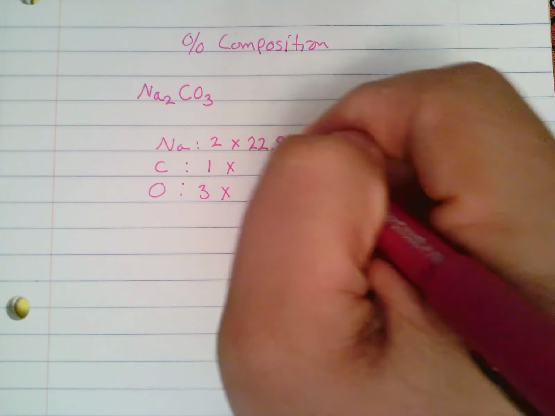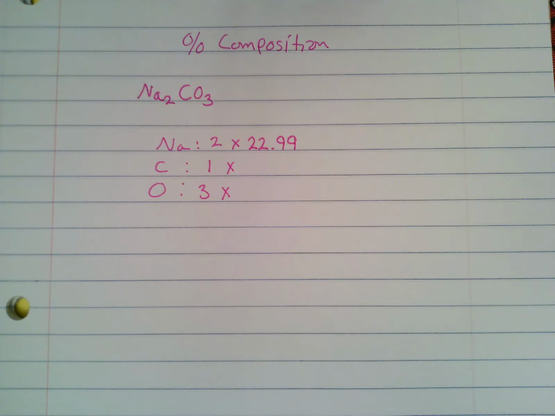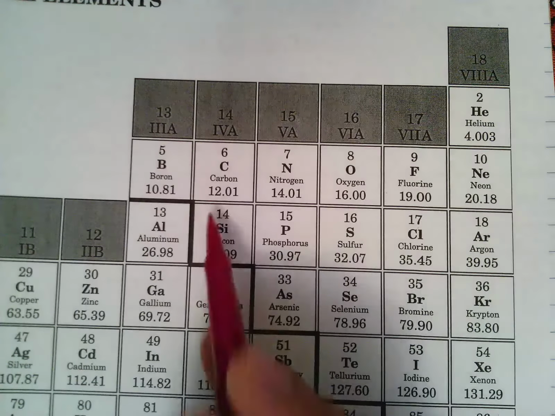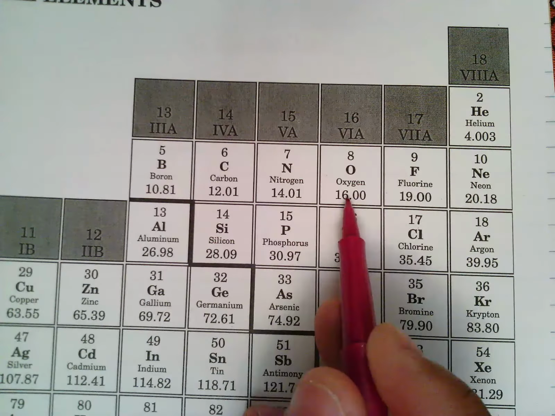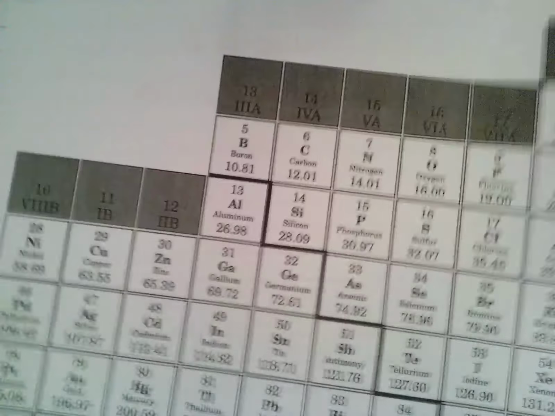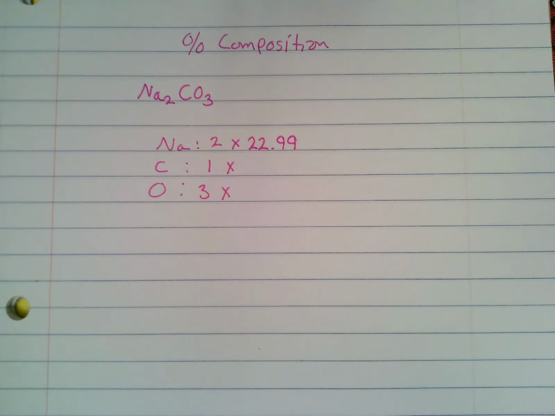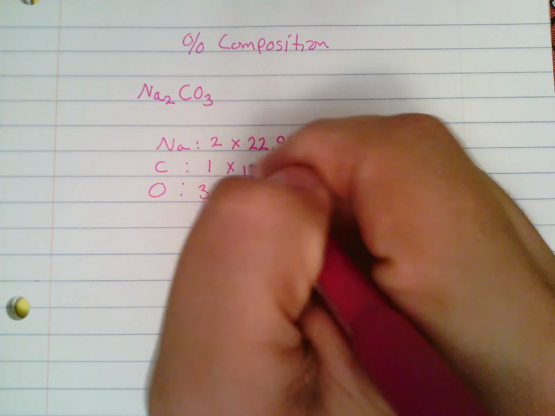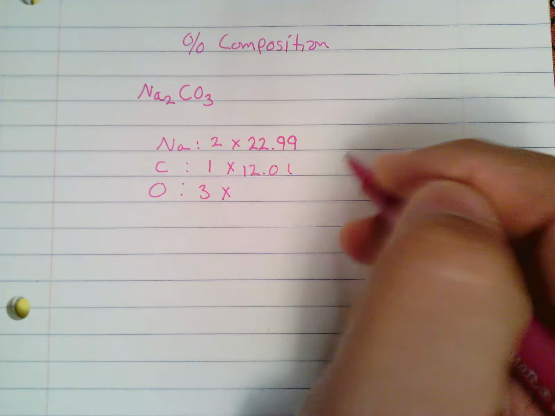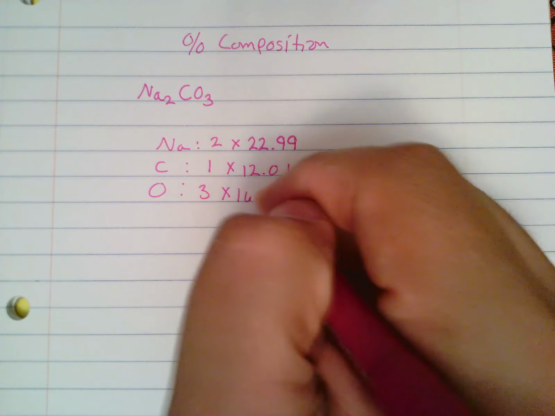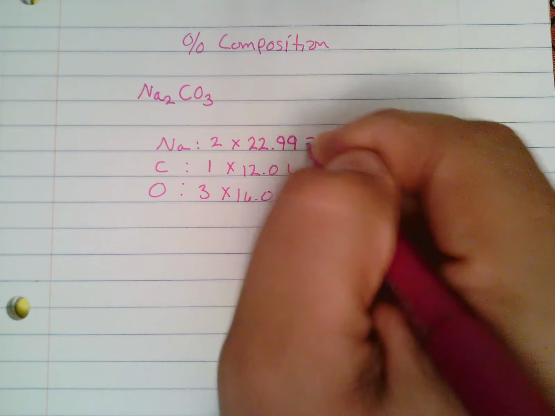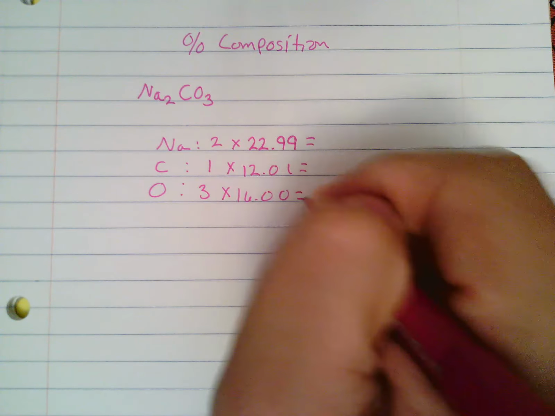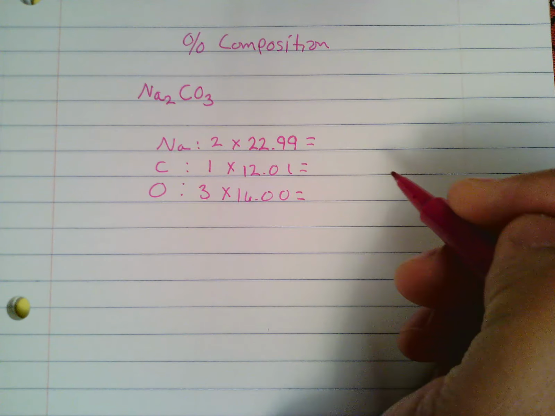Carbon, which we've been using quite a bit, and oxygen, I'll show you at the same time. Our carbon is 12.01, and our oxygen rounds to 16.00. So for that, we would write down 12.01, and then 16.00.